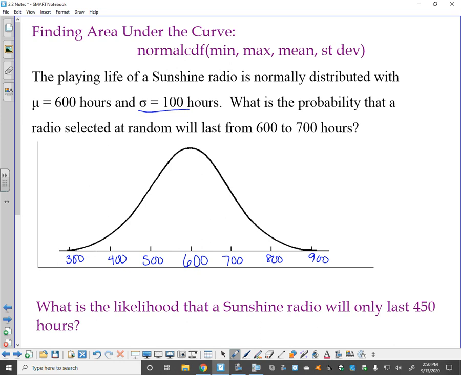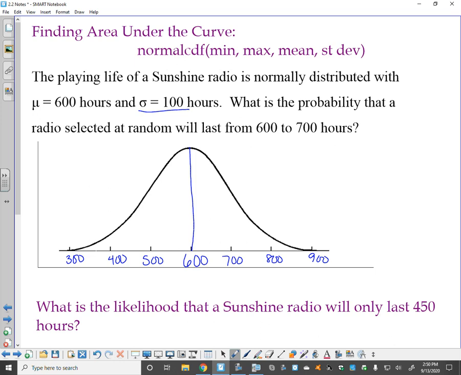I know that 68% of Sunshine radios will play between 500 and 700 hours. And while we're here, I know that 95% of the Sunshine radios will play between 400 and 800 hours. So that's me applying that 68, 95, 99.7 rule to an actual problem. Now, the question says, what's the probability that the radio selected at random will last from 600 to 700 hours?